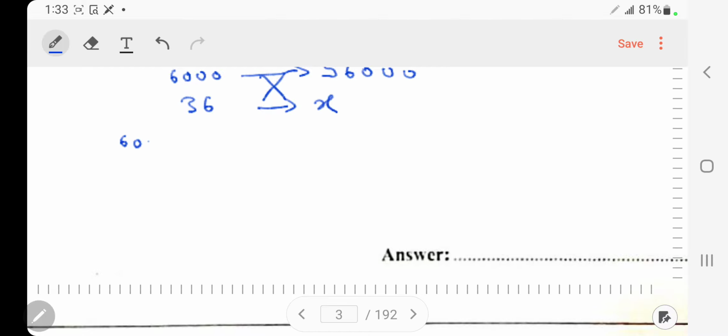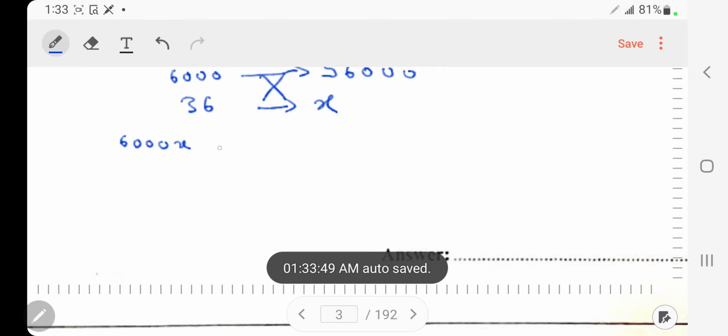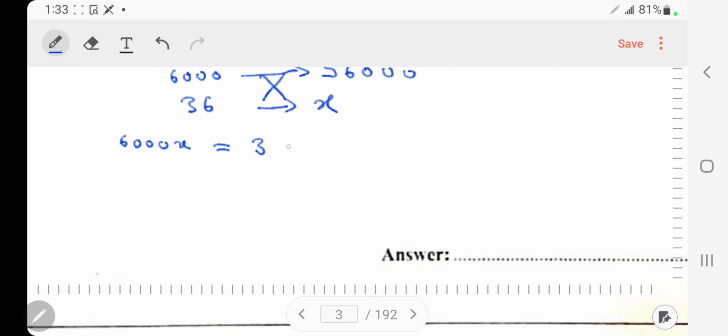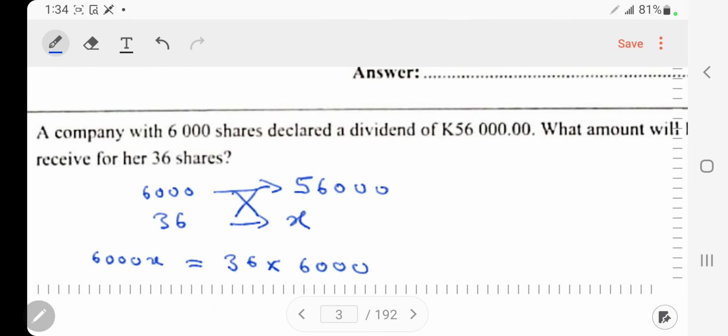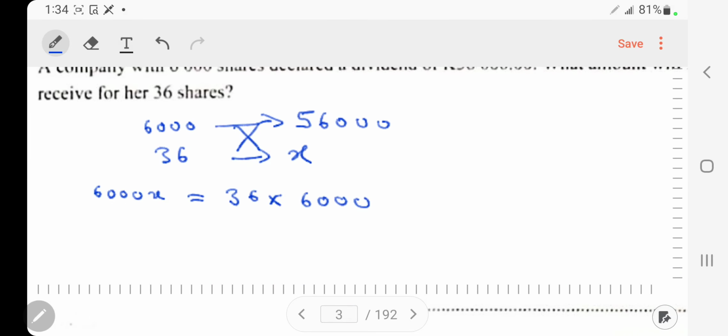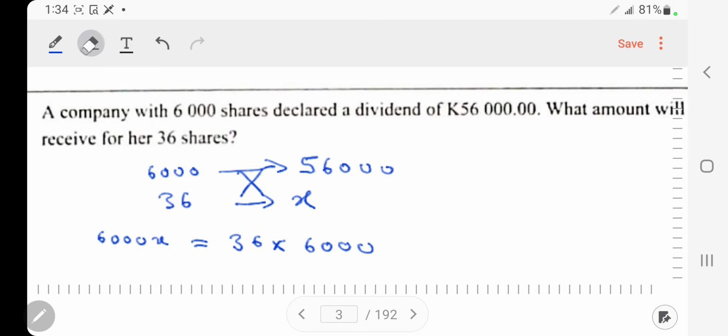So we have 6,000 x should be equal to 36 by 56,000 like this.